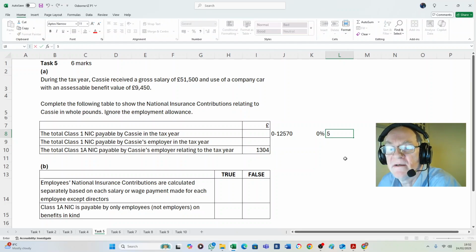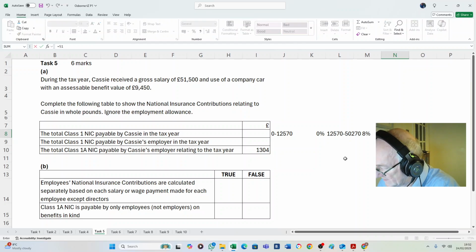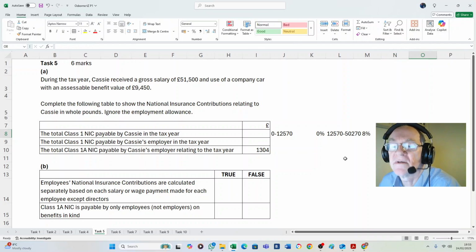So, I suppose, different ways of working this one out. That is 8%, and then we need to work out how much is at the 2%. So if we take the 51,500 minus the 5270, we've got 1230 at 2%.